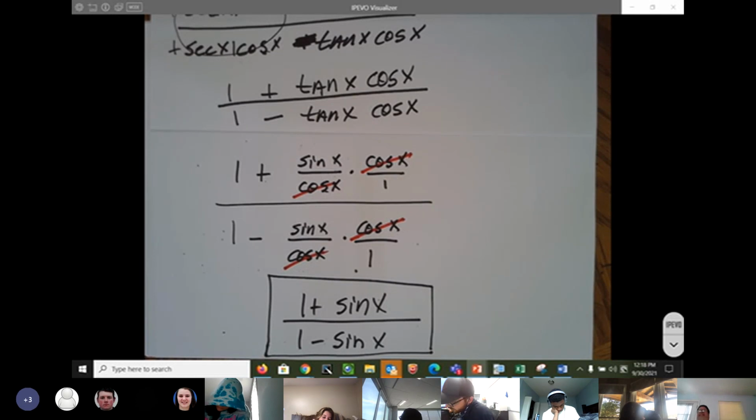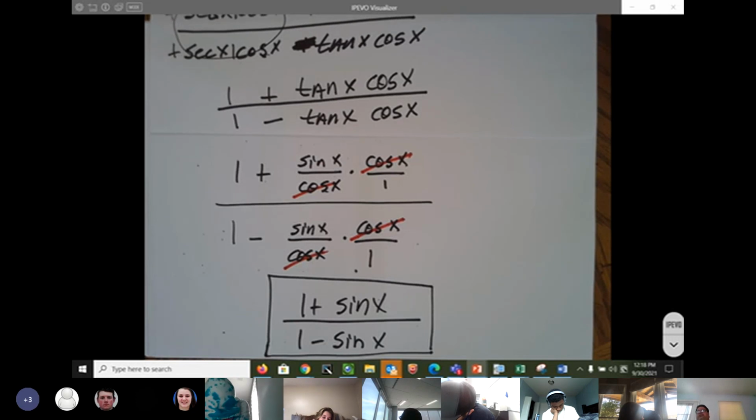I'll tell you one thing, that numerator can be simplified. Somebody tell me what it looks like. 1 plus 2 sine x plus sine squared x. What does it look like?